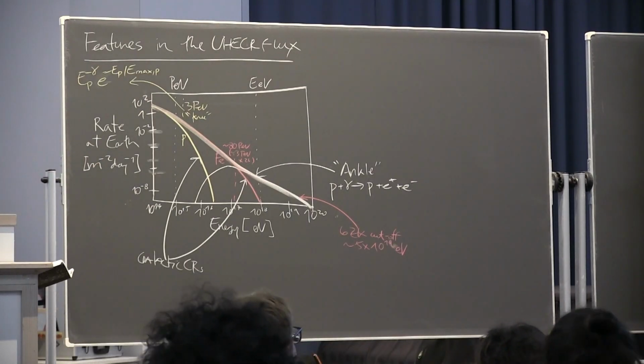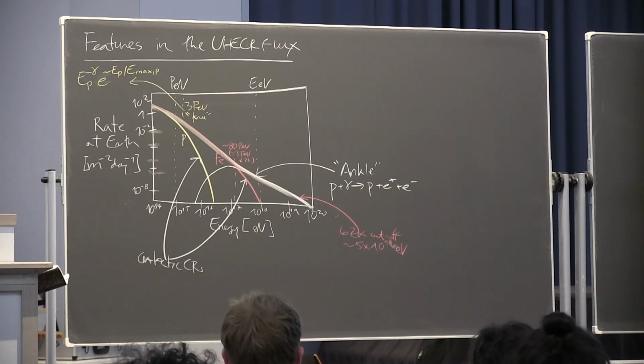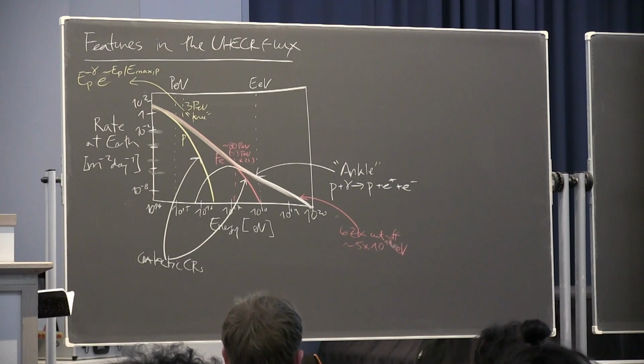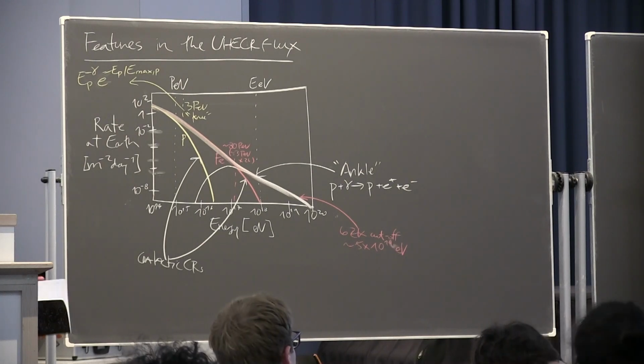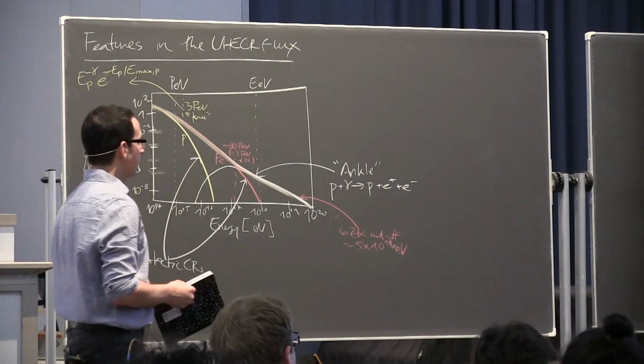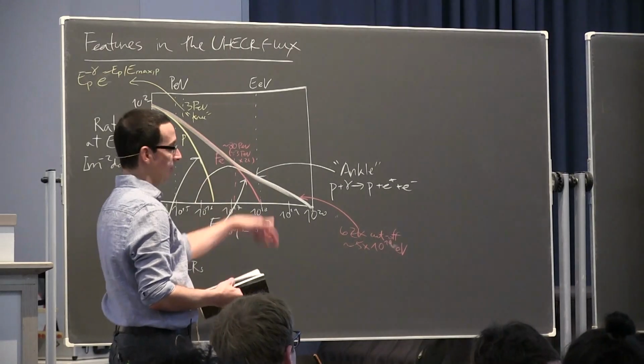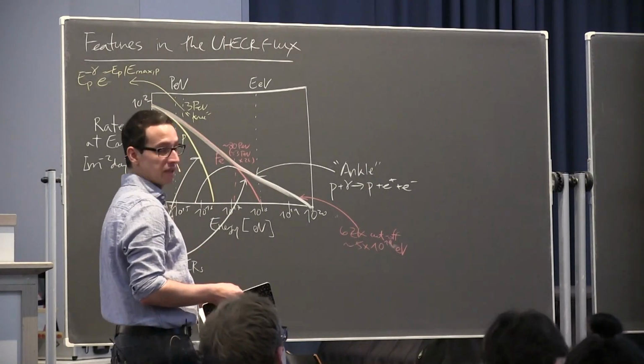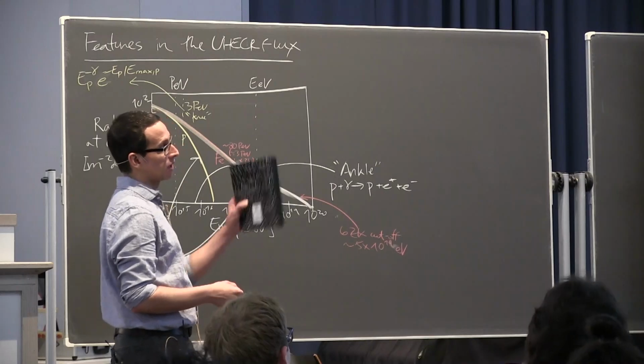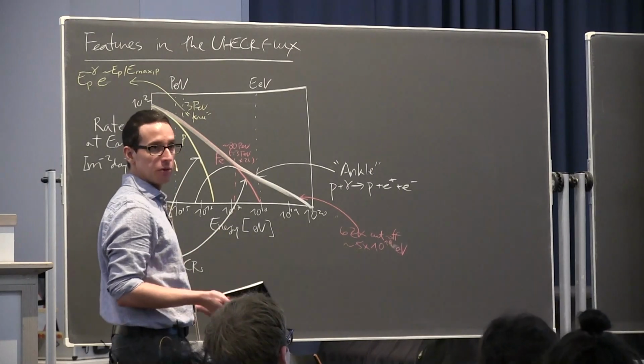Okay, so let's ask and answer a few questions. Can we resolve these components, the galactic component, even the proton versus iron, and that versus the extragalactic ones? Not easily. Not just looking at the energy spectrum, we need to look at other information.